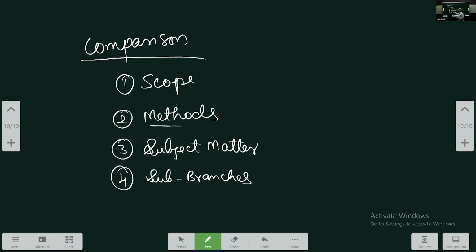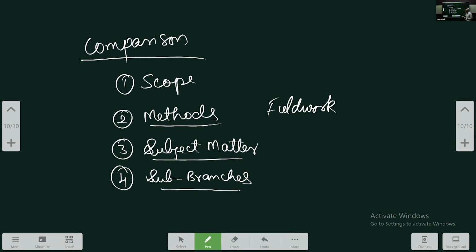Then methods. Sociology uses methods more like schedules, questionnaires, and some case study and interview approaches. But anthropology has unique methods such as field work and participant observation. That is unique to anthropology. And subject matter, and sub-branches. In anthropology, we have different sub-branches. We discussed the 4.